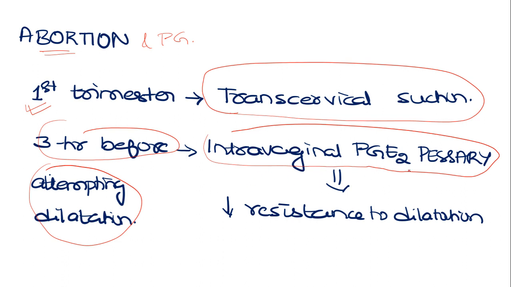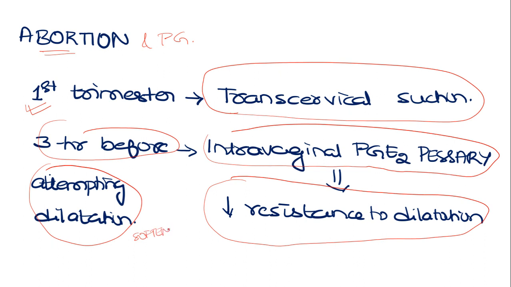Because these prostaglandin pessaries will reduce the resistance to dilatation by softening the cervix, thereby reducing the damage or injury to the cervix.